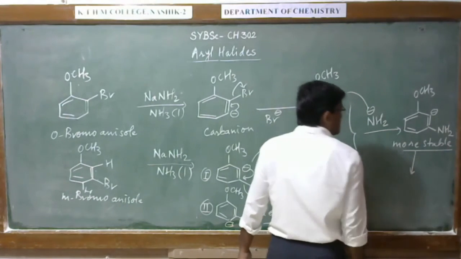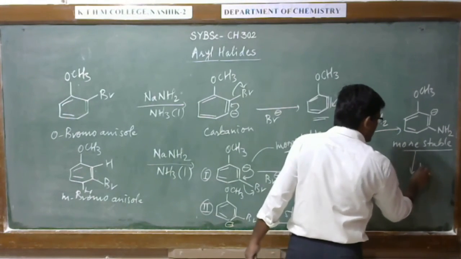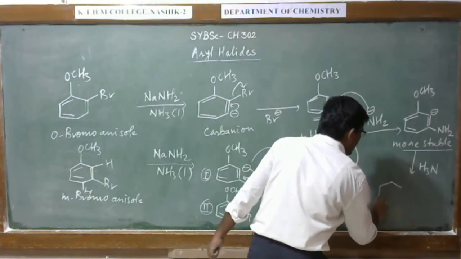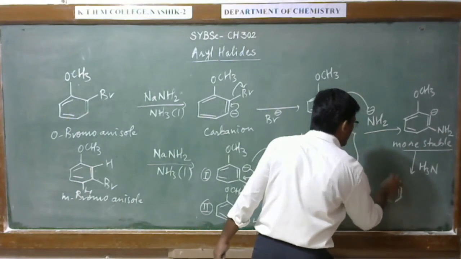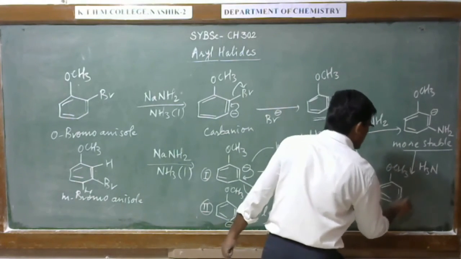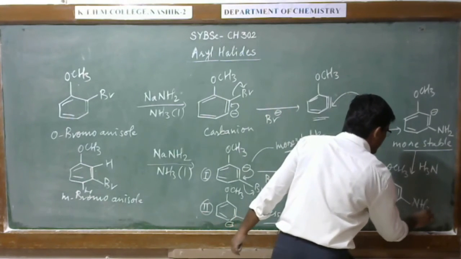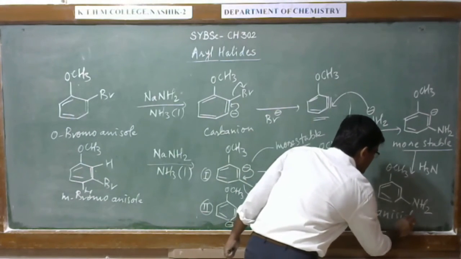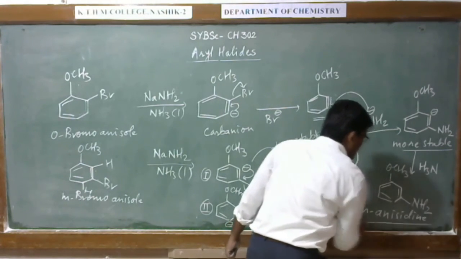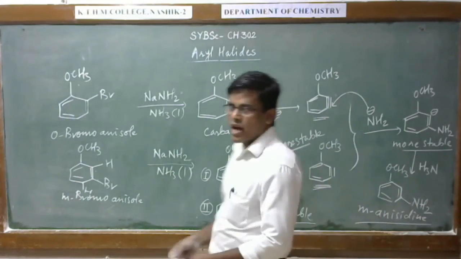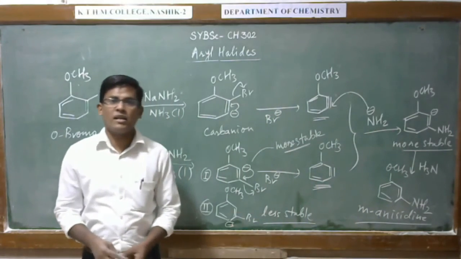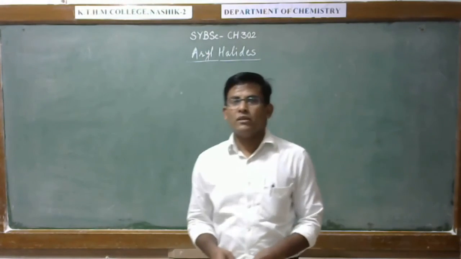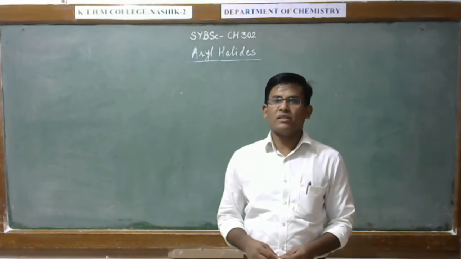And finally, this carbanion will abstract this proton from this ammonia molecule to get the meta-anisidine, okay, 3-amino anisole, that is called meta-anisidine.